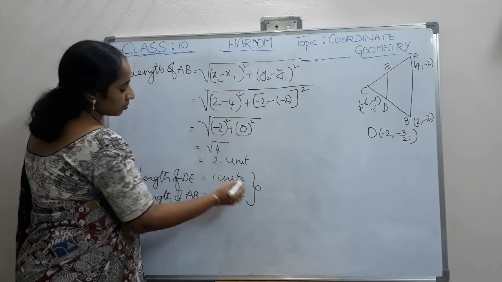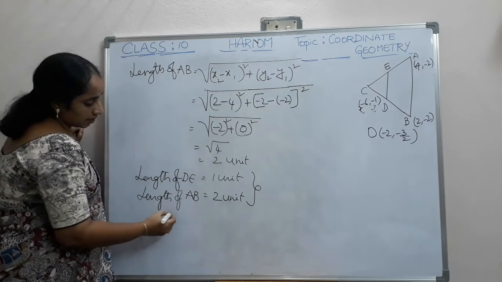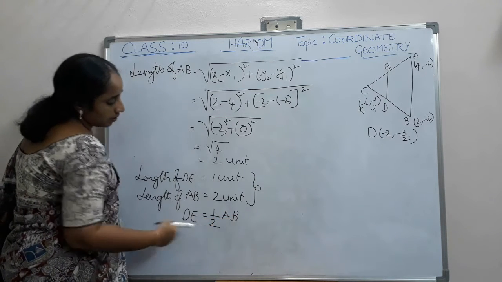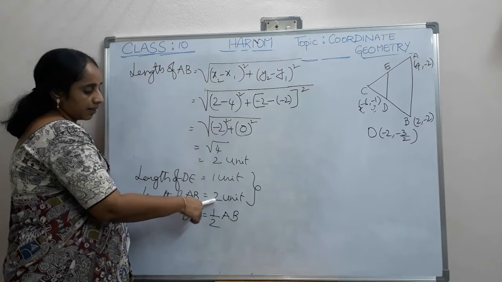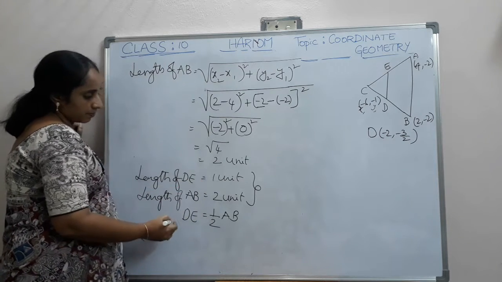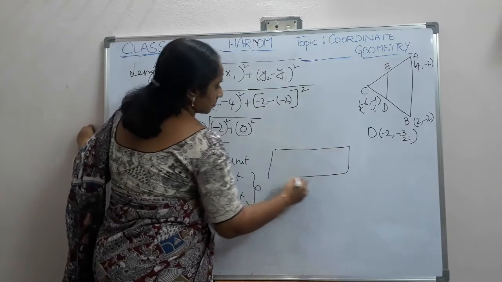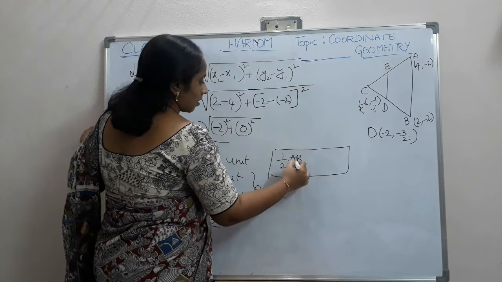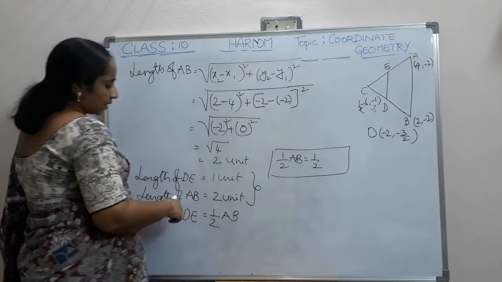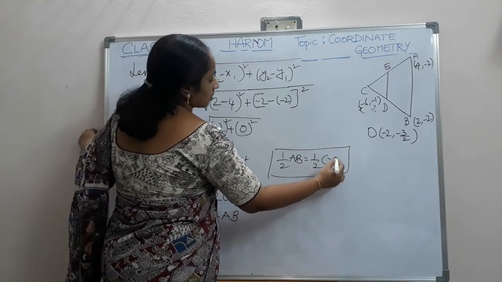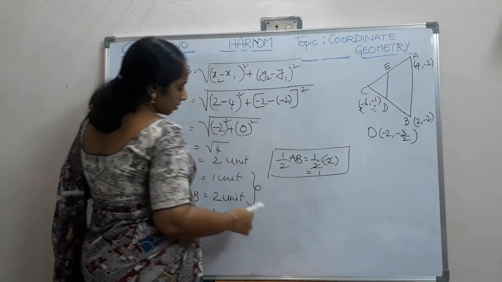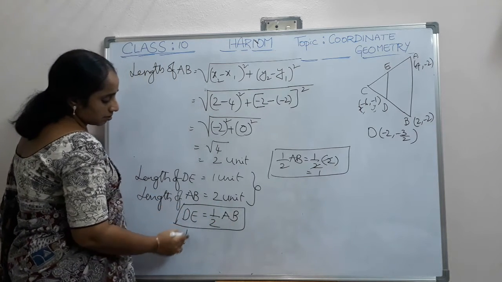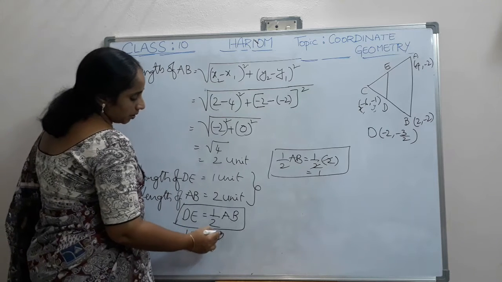So from these two we can conclude that DE is equal to half AB. When we take half of AB, it is 1. Half AB is equal to half into the length of AB, which is 2 units, that is 1. So half AB is equal to the length of DE. So we proved it.